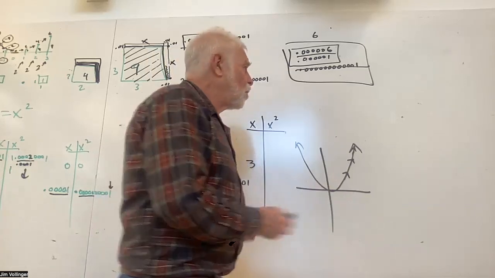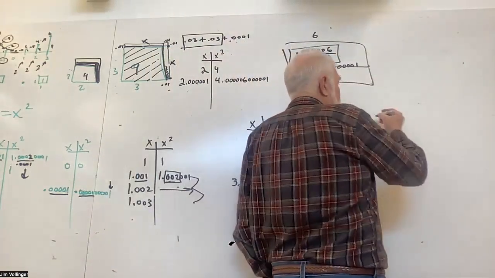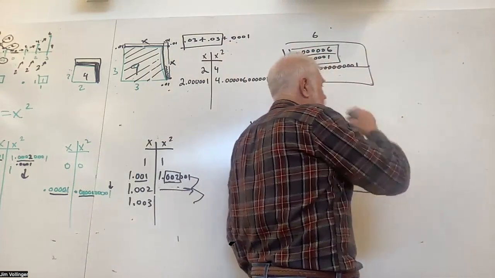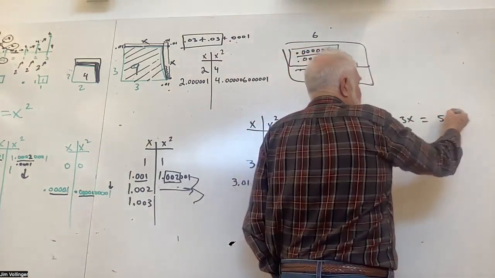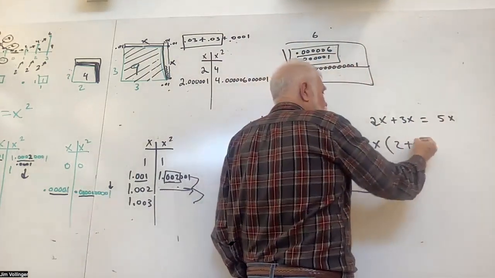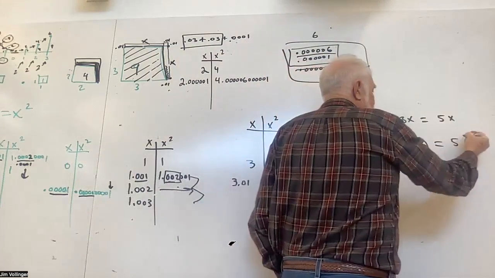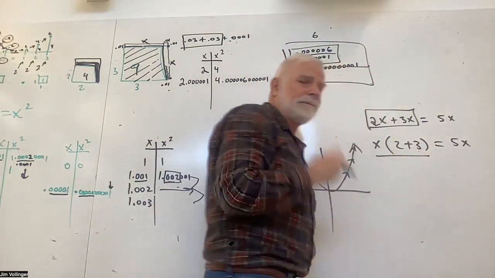So what's another way of writing 2x plus 3x? We say it's 5x. Why? Because x is common to 2 and 3. That's a sum, that's a product.